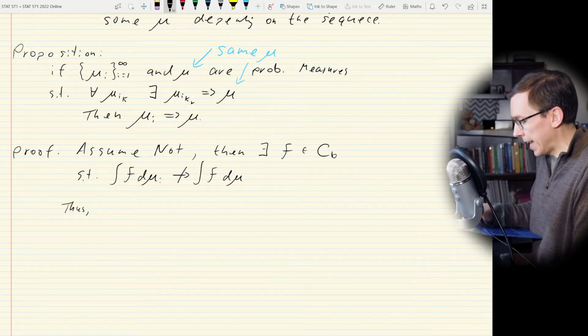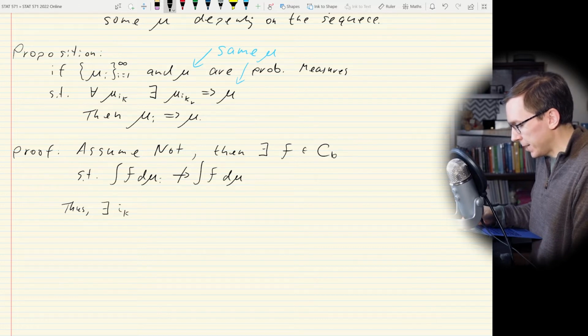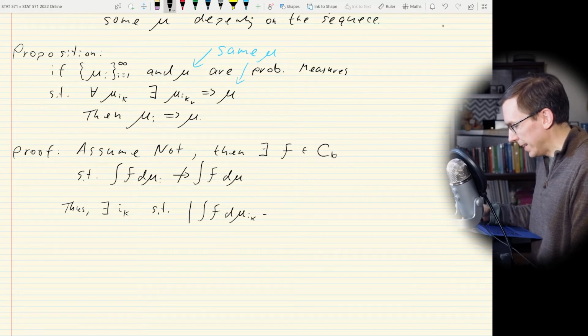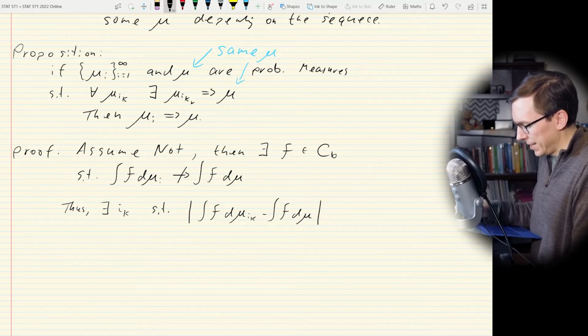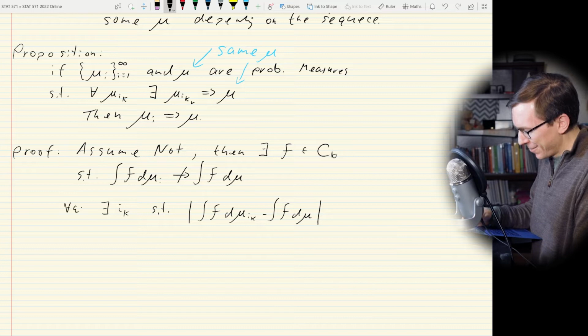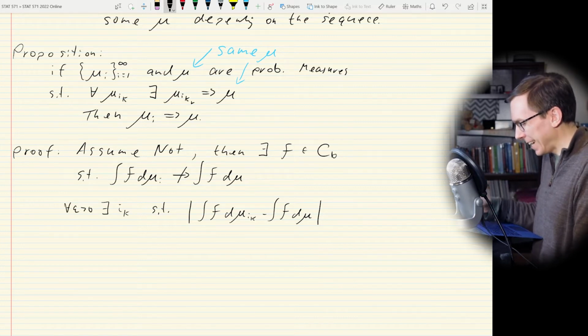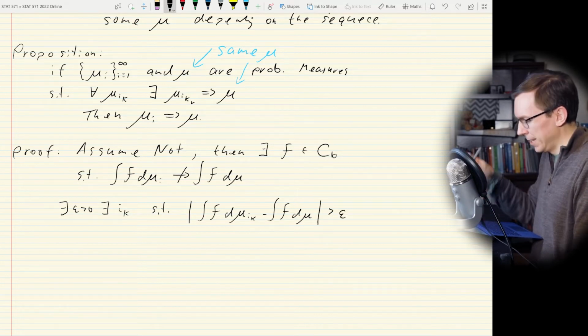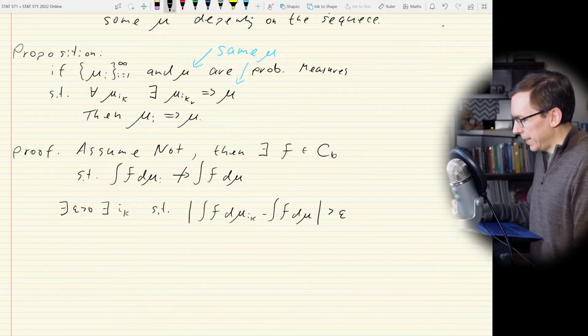Thus, because this convergence doesn't happen, there exists a subsequence i_k such that the integral of f dμ_{i_k} minus the integral of f dμ is... there exists an epsilon greater than 0 and an i_k such that this is true for all k.